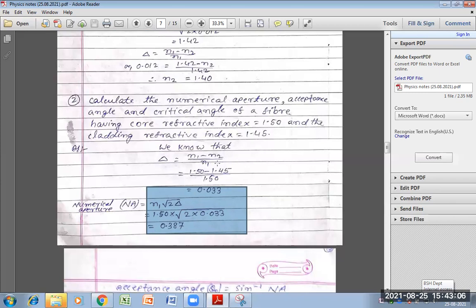So putting the value of n1 minus n2 divided by n1 in place of this, so 1.50 minus 1.45 divided by 1.50, that is equal to 0.033.